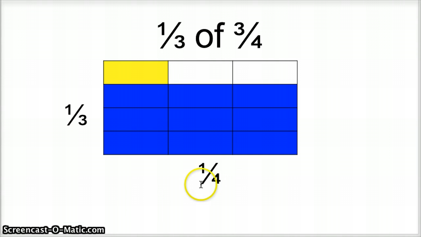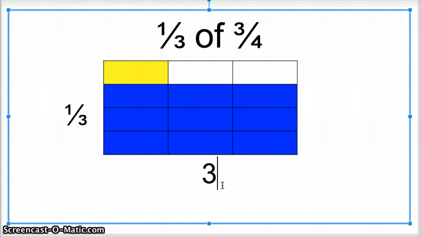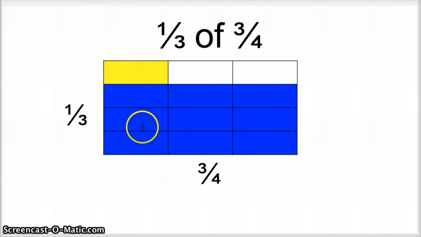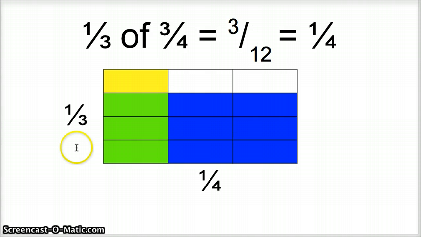So I'm going to highlight 3 out of the 4 sections that I made. And again, looking back, I can see that these 3 right here overlap with the blue. So yellow and blue make green. So I have 3 of them green. Now here's the answer, it says 3/12. 3, 6, 9, 12 sections.